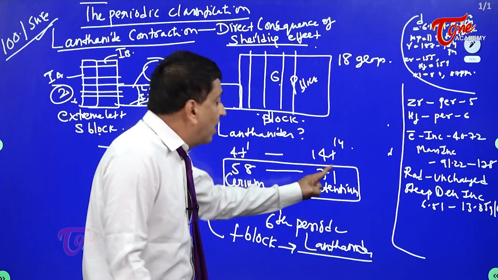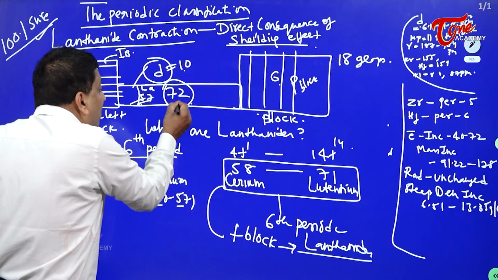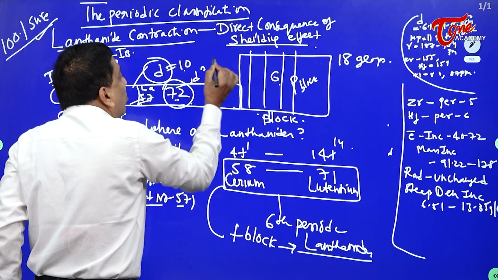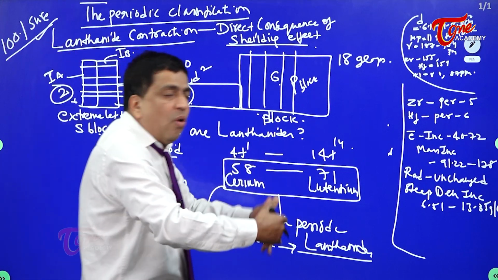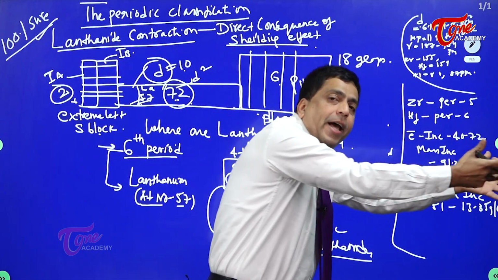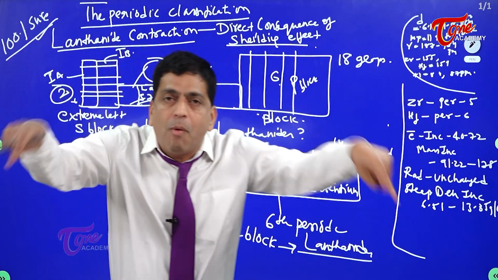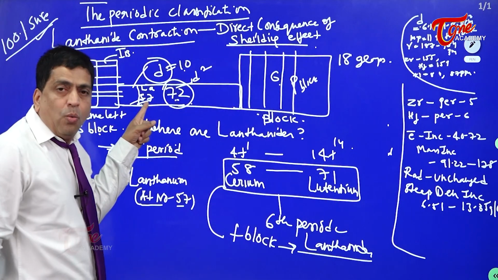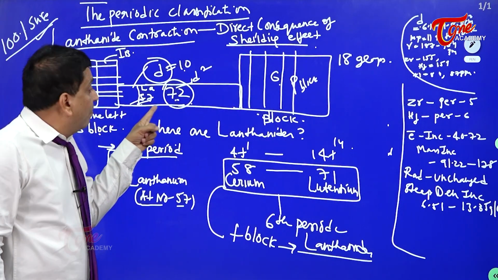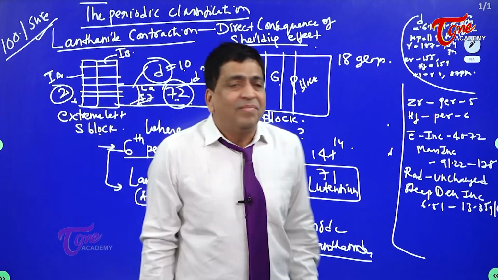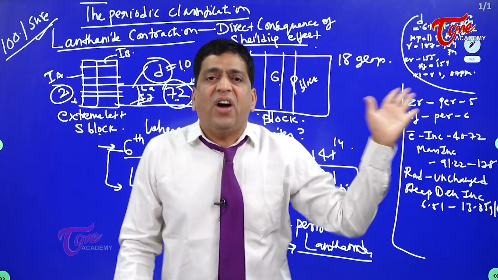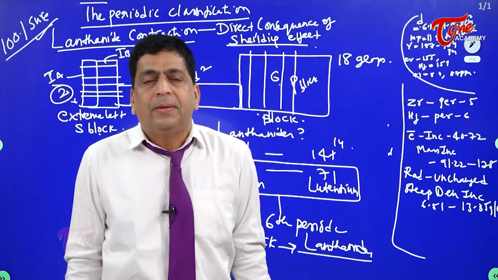After they fill this, they climb up again. And this 72 will be D2, D3, D4, D5, D6, D10. Look at the harmony. This is 5D1. 72 is 5D2. Then 5D3, 5D4, 5D5, 5D6, 5D10. Wow. There is a decorum.